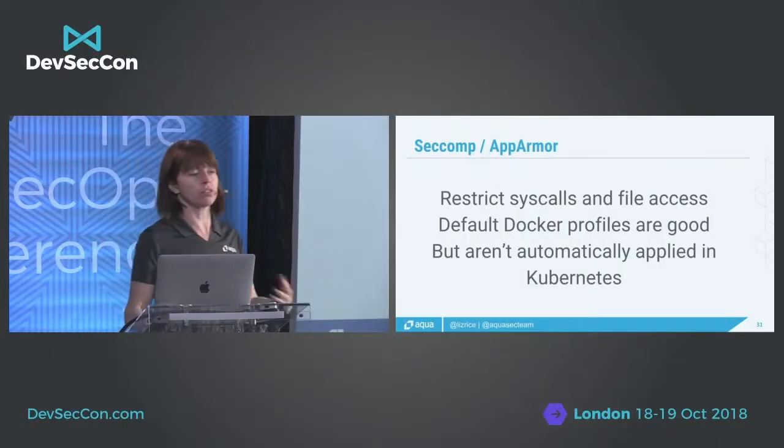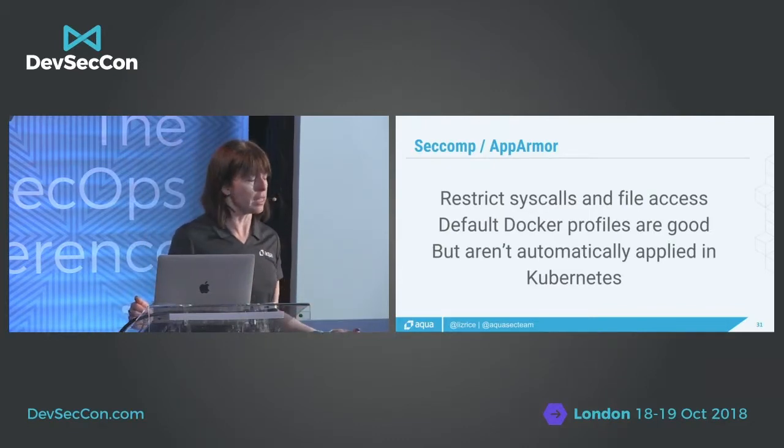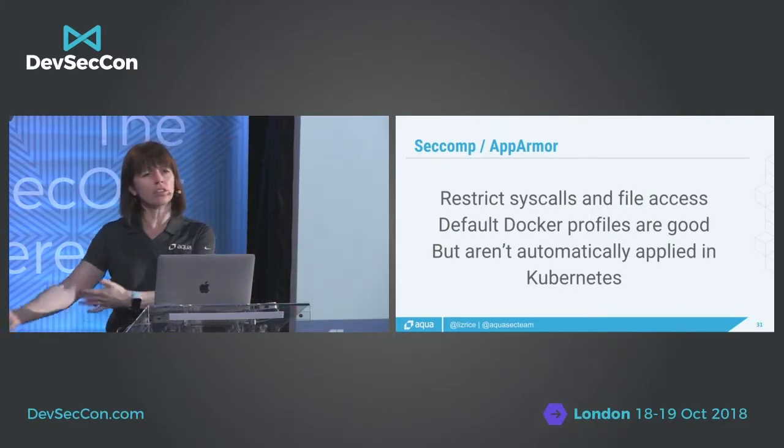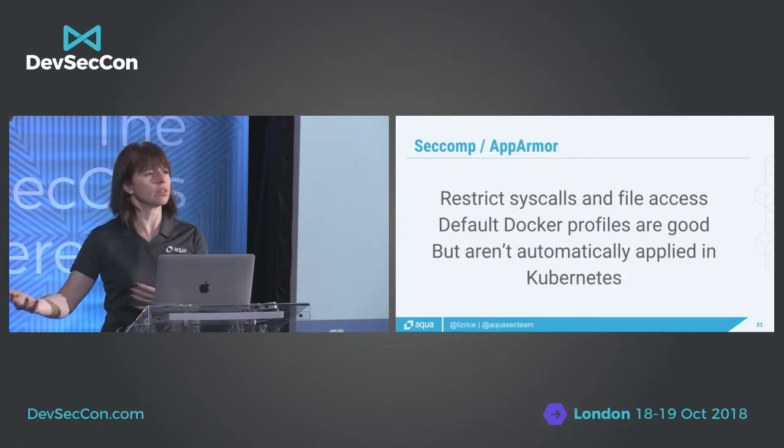So the default Docker profiles are a really sensible place to start, particularly if you don't know better. If you don't have a better profile in place, these are good to use. But if you're using Kubernetes, they don't automatically get applied, which when I first found out was quite a surprise to me, but it was using Docker as the runtime, so wouldn't it?